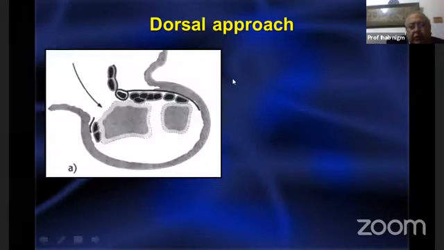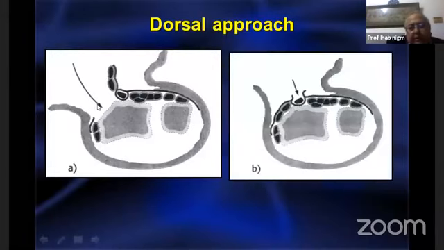The dorsal approach can be done between the first and second extensor compartments, especially when exposing the radial styloid fragment, or between the third and fourth extensor compartments when exposing the distal radius.